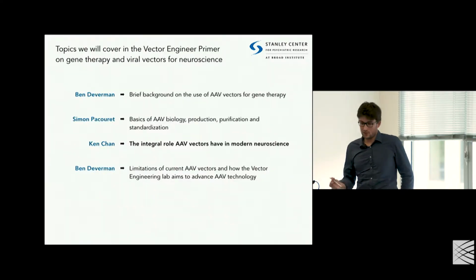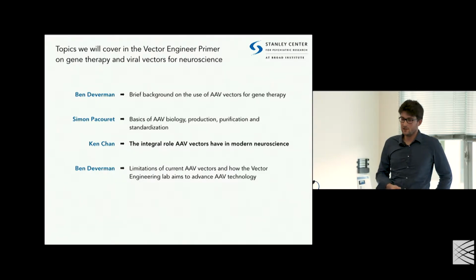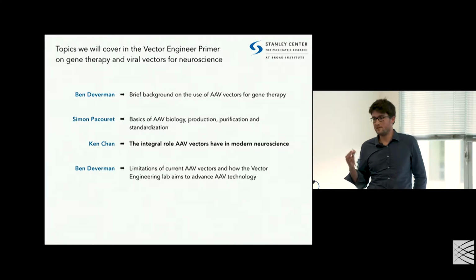So I tried to give you basic concepts involving AAV biology, and show you how we produce them, purify them, and characterize them, to ensure reproducible experiments. Now Ken is going to show you what you can actually use those vectors for in your experiments and your research.